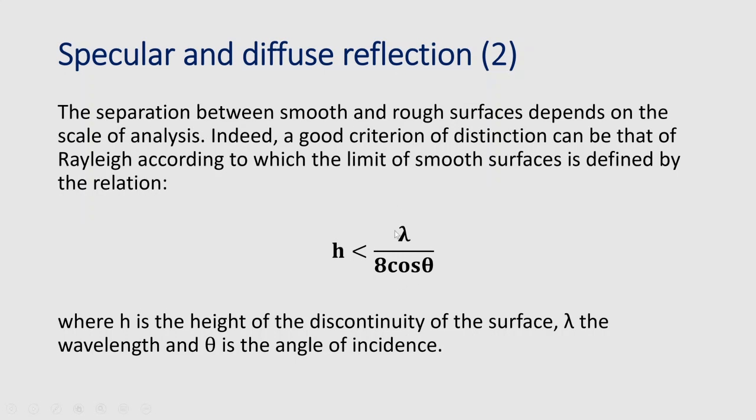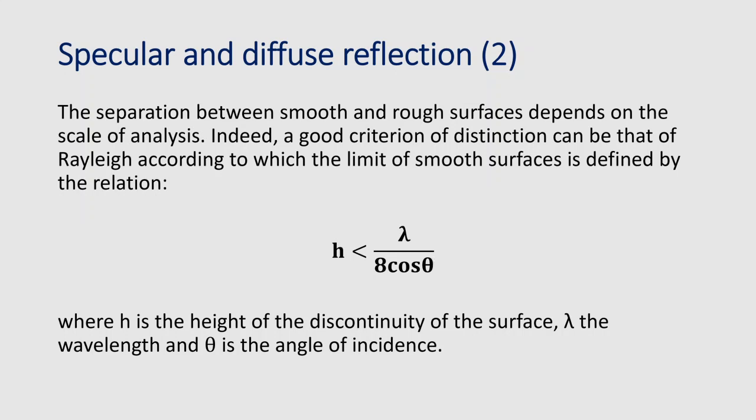If this quantity here is bigger than this one, this kind of surface should be considered smooth and then specular. So let's consider what these values are in reality for our application.